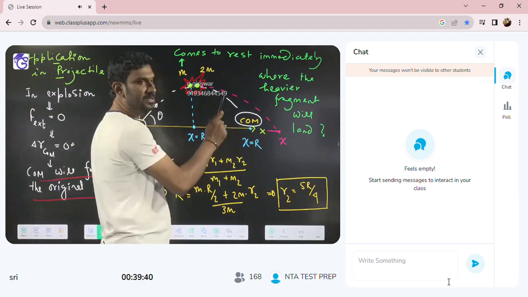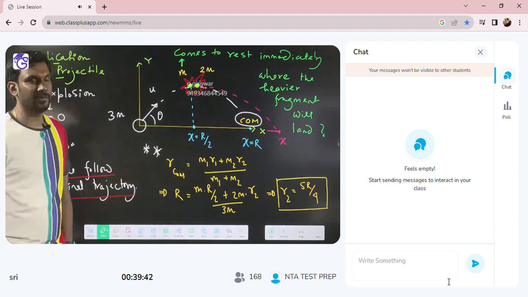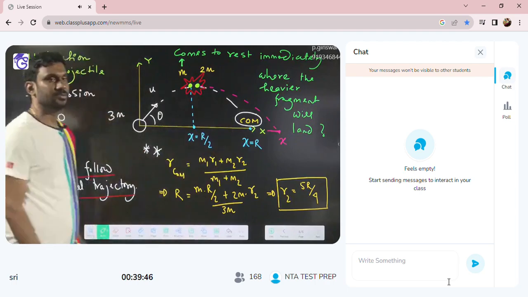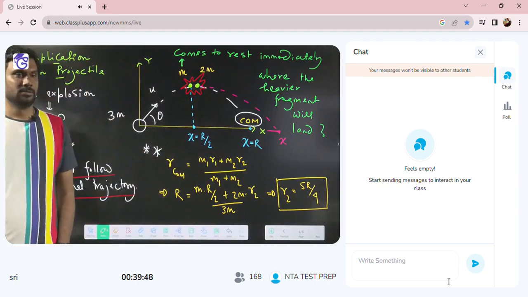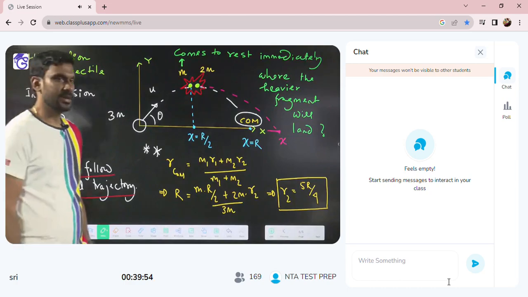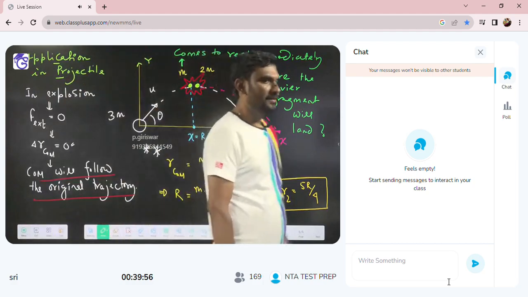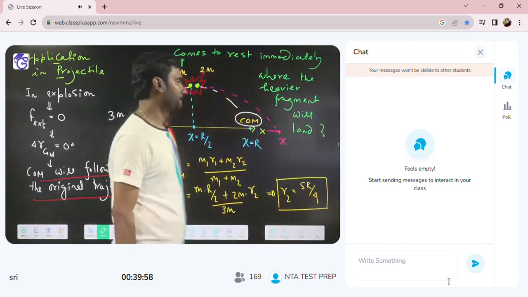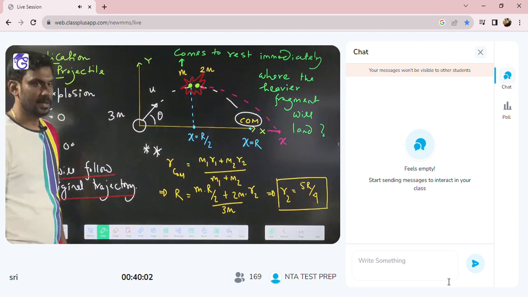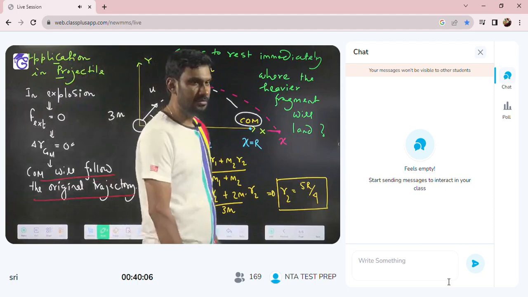The concept is, since there is no external force involved in explosion, center of mass will land at range. Yes, 5R by 4, correct. Very good.